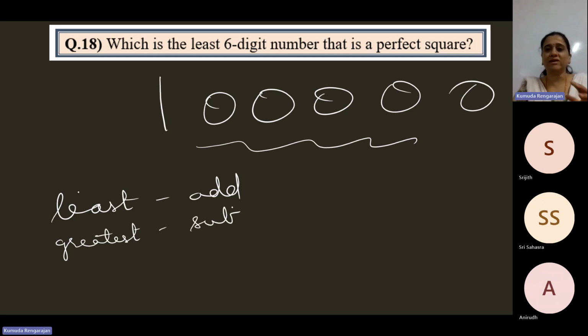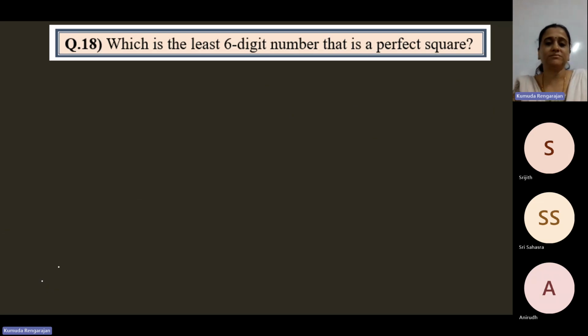It's like opposites. Small, so you're increasing, adding. Big, it's already big, so you're subtracting. They give the opposite effect when you read these words. Least number, add procedure. Greatest number, subtraction procedure. So remember it like that.